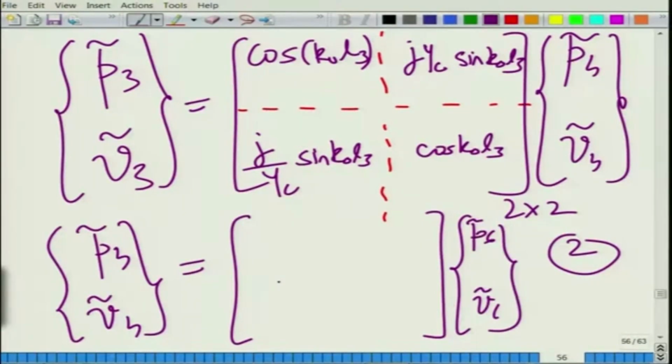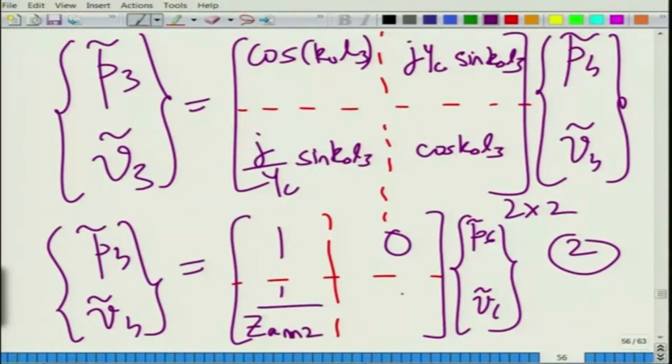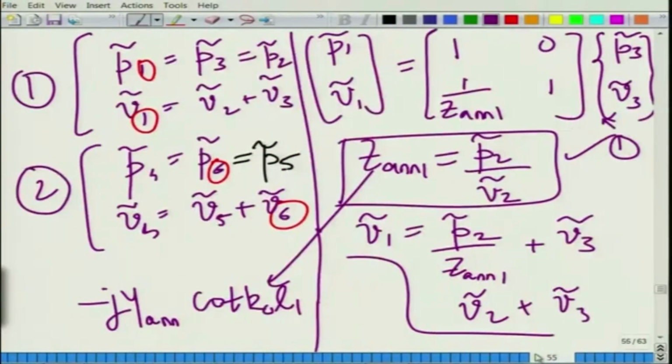So, what do we get? This is 1, this is 0, P 4 is equal to P 6, and this is 1 by Z and 2, this is 1. V 4 is equal to P 6 divided by Z and 2 plus V 6. This obviously follows because you get your V 4 is equal to V 6.